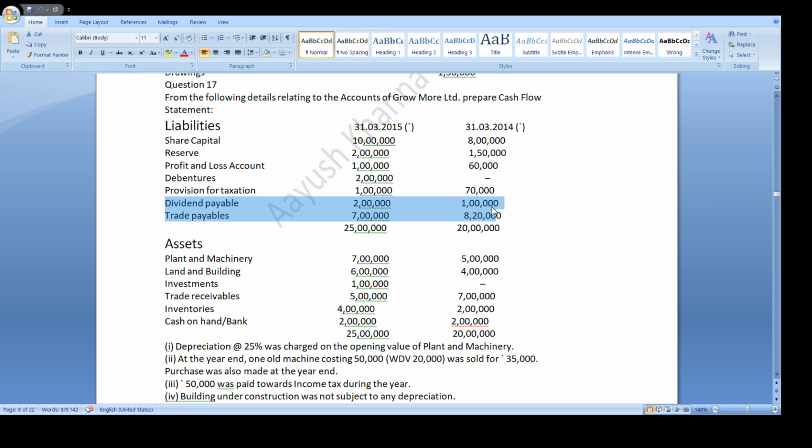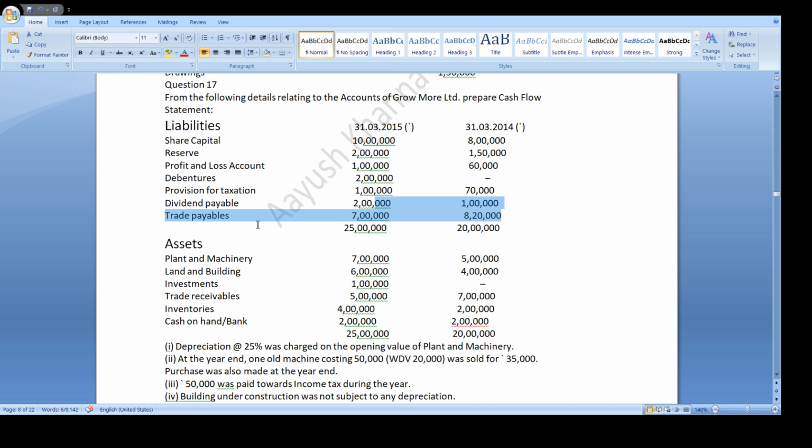Why? Because every current year the dividend is declared, and it is paid in the next financial year. So, as per the relevant provisions of company law, 1 lakh will be paid. 1 lakh amount will be transferred to financing activities, and the dividend payable for 2015 will be provided for in the net profits of the current year.